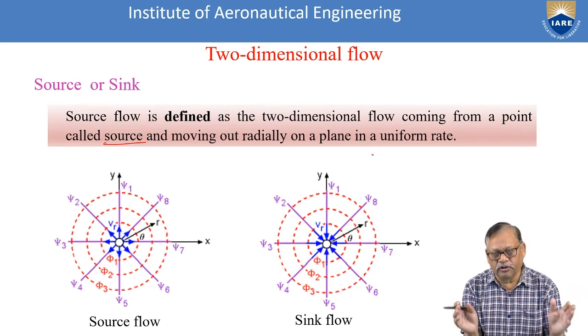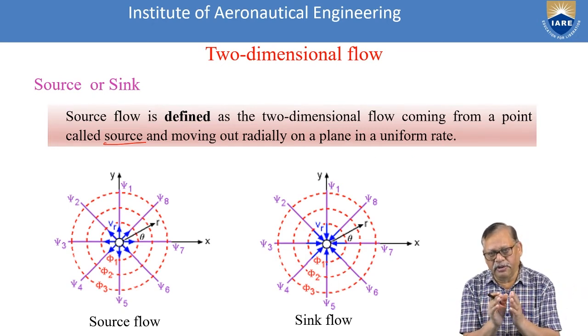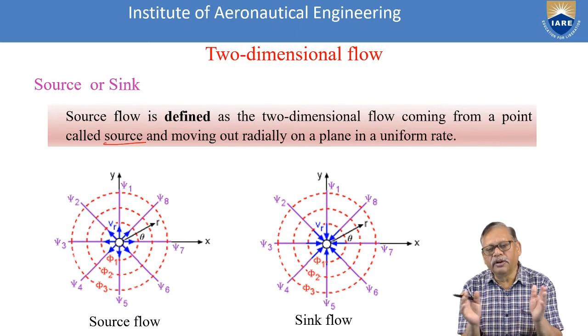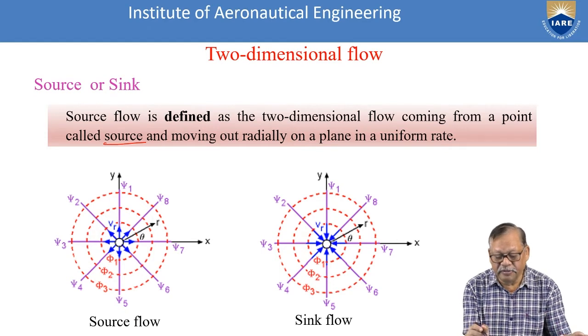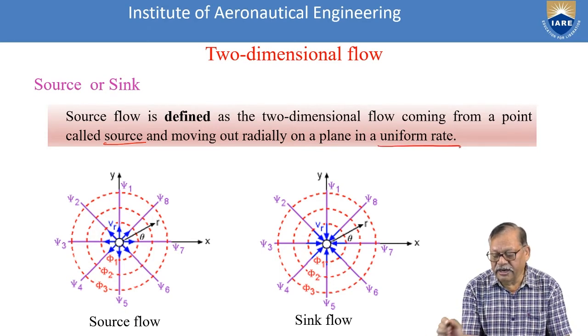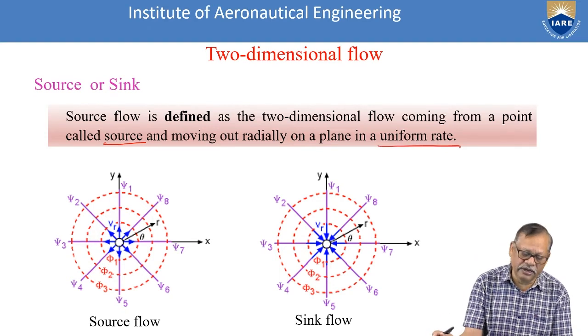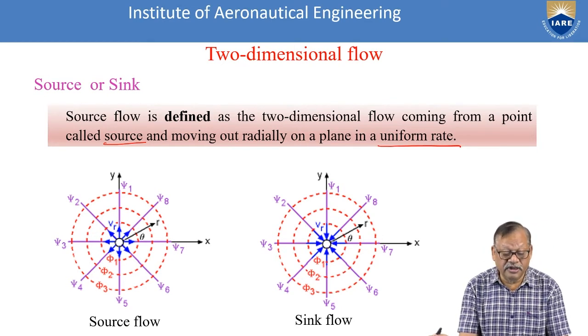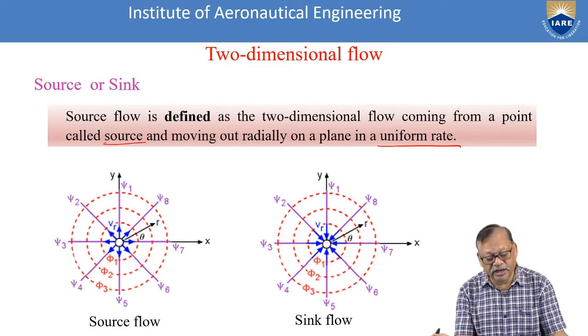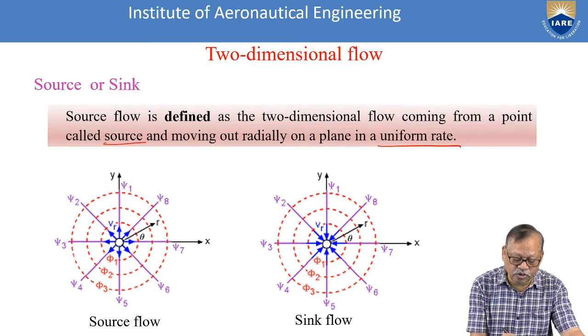It is going out at a uniform rate, not all of a sudden coming down or increasing. Increasing and decreasing is not there. That means it is a uniform rate. Those are the source and sink definitions.